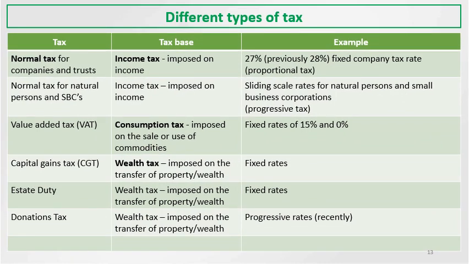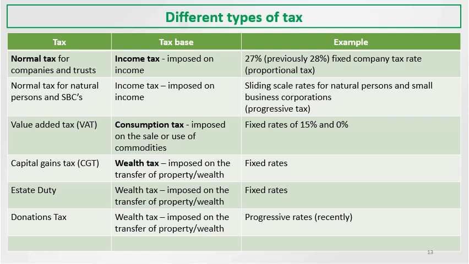Now, this slide is just here for you to take note of the terminology. We have income tax, we've got consumption tax, and we've got wealth tax. You can see there in the second column. But it then comes down to income tax. In the Act, the income tax is called normal tax.